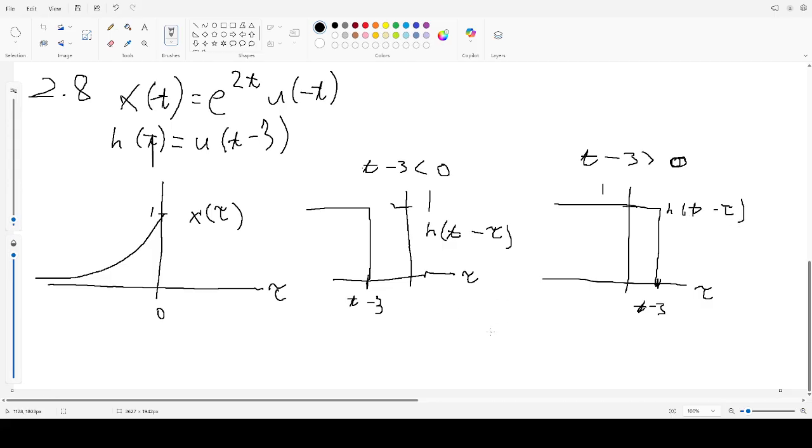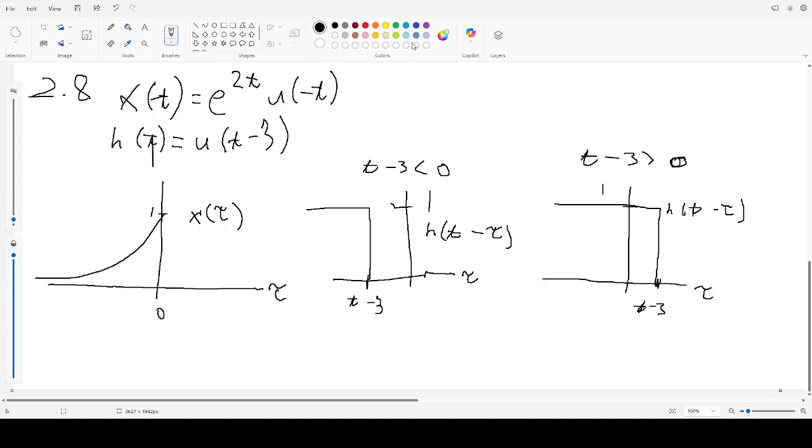Now the nice thing is we can see here, these are the only two cases because x only exists from 0 towards negative infinity to the left, and h of t minus tau extends infinitely to the left. That means there's always going to be overlap. We don't have to have any of those cases where there's no overlap, there's zeros. So we have only these two cases.